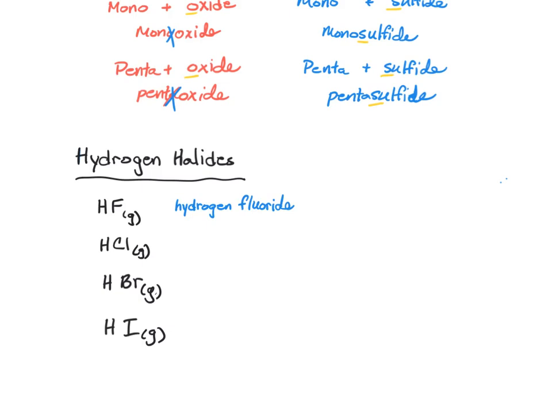Then we have hydrogen chloride, and we have hydrogen bromide, and hydrogen iodide.